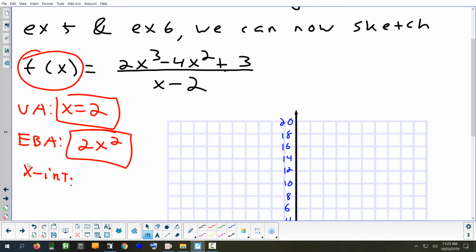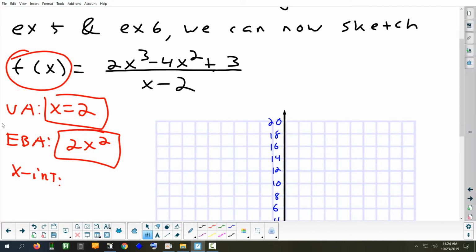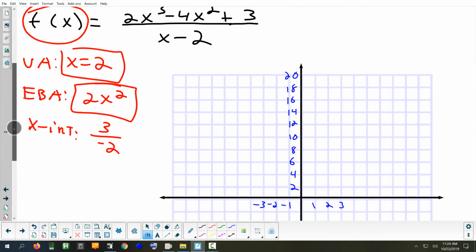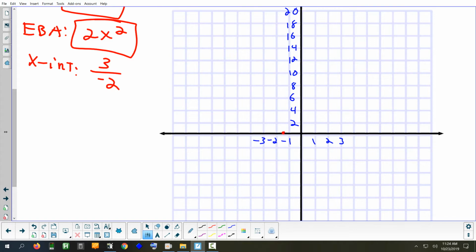If you plug 0 into the top, what do you get? 3. And if you plug 0 into the bottom? -2. So my y-intercept is at negative 1.5. Okay, so let's graph that. It's going to cross right there.